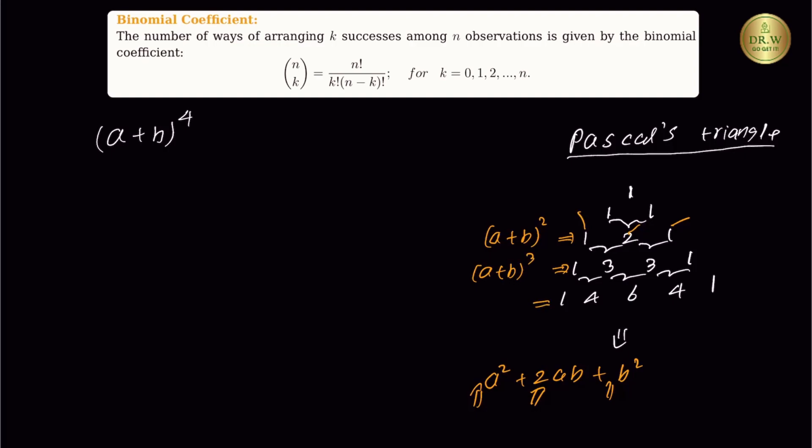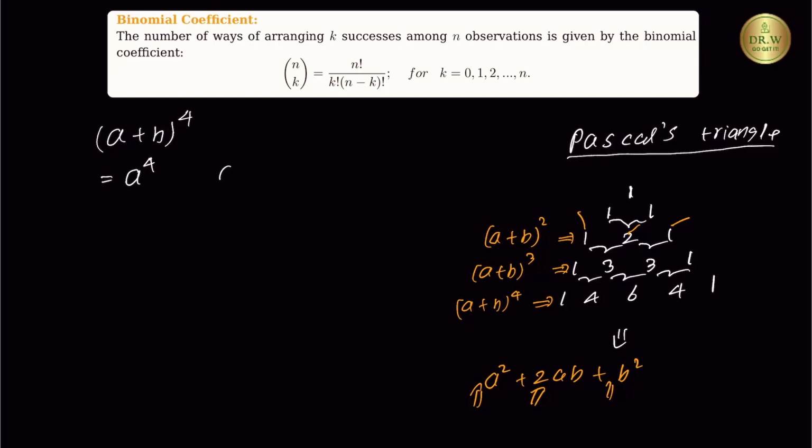Now I am going to use a plus b to power 4. Right. So how do we write this expansion? First, I start from a to the power 4.